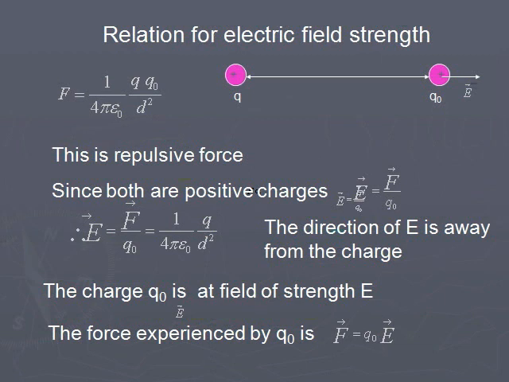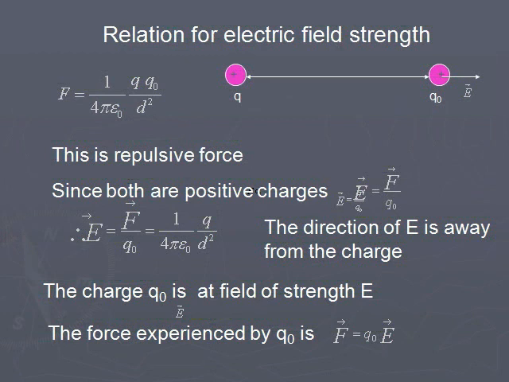Now, we can consider the test charge Q0 placed at a point in an electric field of strength E bar. The relation for force can be imagined like this. Q0 is placed in an electric field of strength E bar, so the force can be written as F bar is equal to Q0 into E bar.